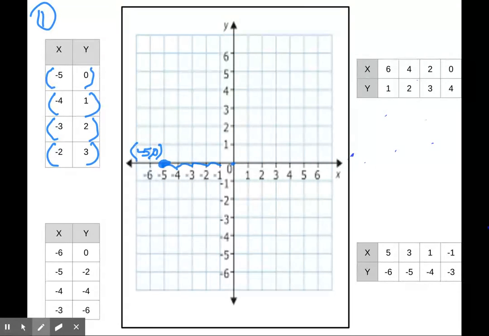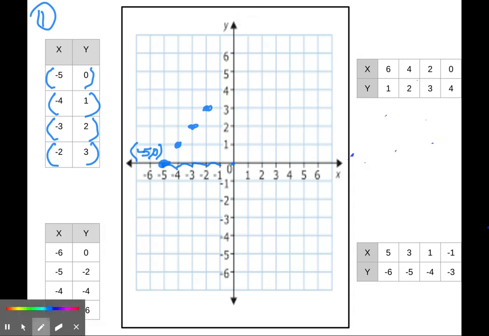All right. Now we're going to do -4 and 1, -3 and 2. And notice how we're just continuing to go to the x-axis first and then following the y-axis. We're going to go -2 and +3.